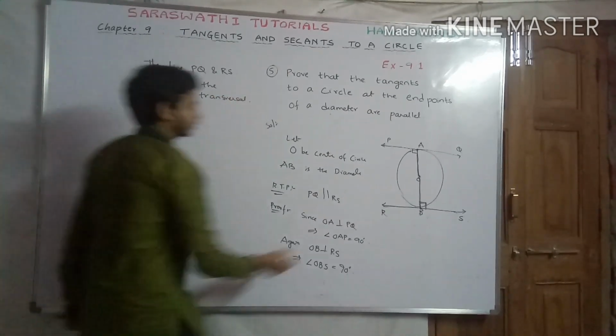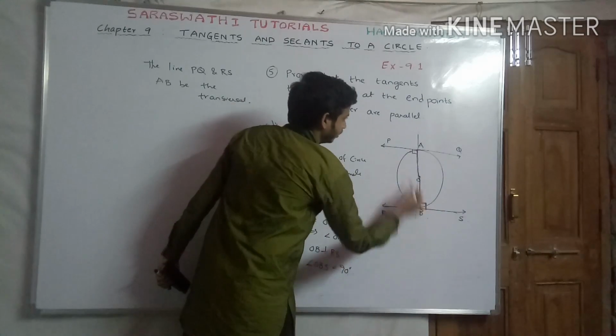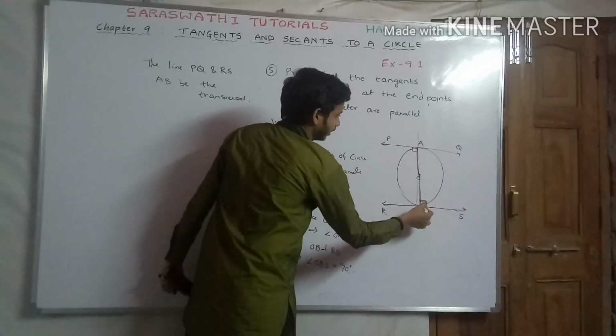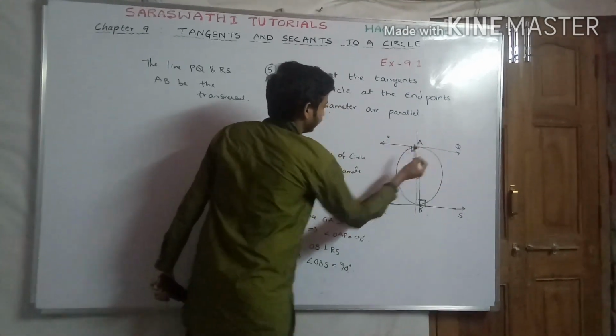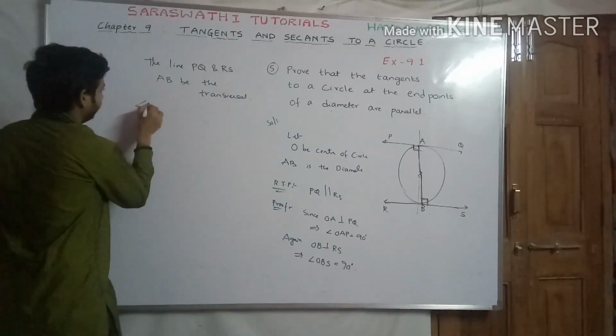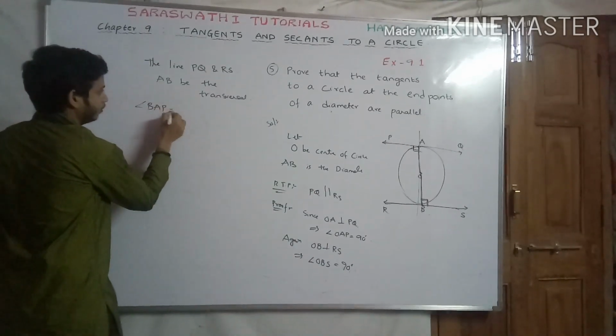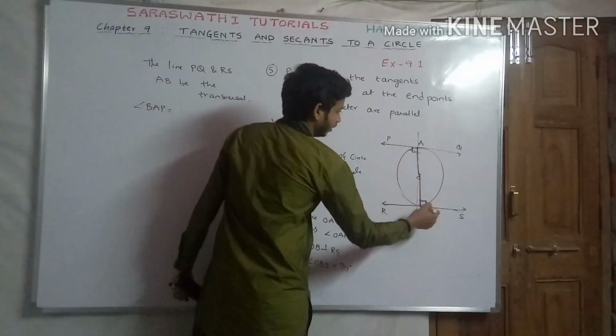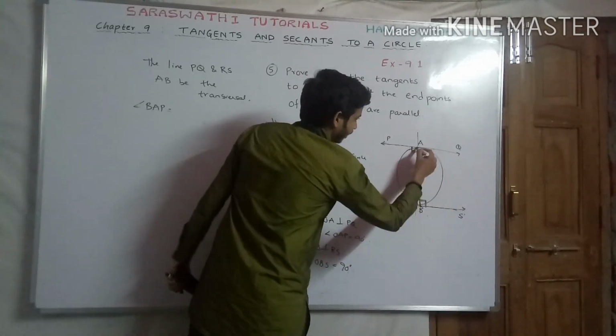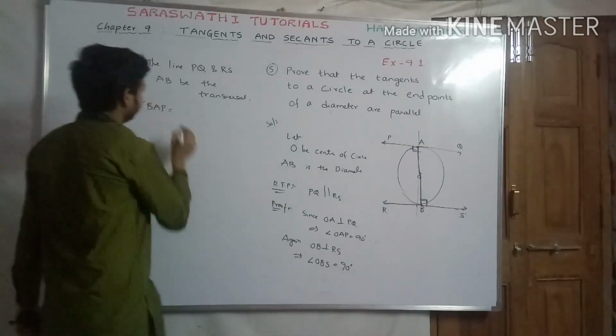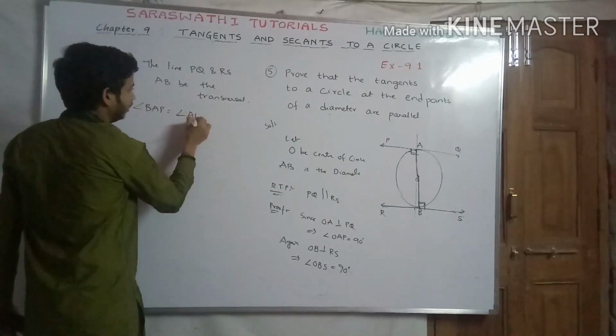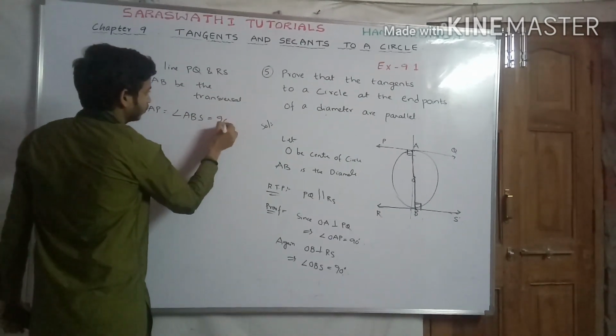Angle OAP, we can write as angle BAP, equals 90 degrees. Similarly, angle OBS, that means angle ABS, can be taken as 90 degrees.